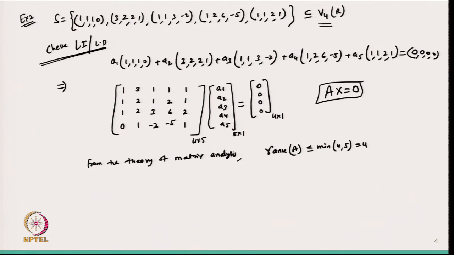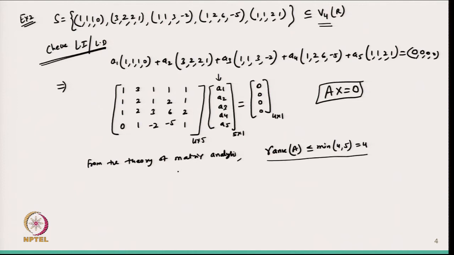So, in this case the rank of the matrix A is always less than or equal to 4, because this is 5 cross 1 and the component of each vector is 4. So, from here the rank of A is less than or equal to 4.